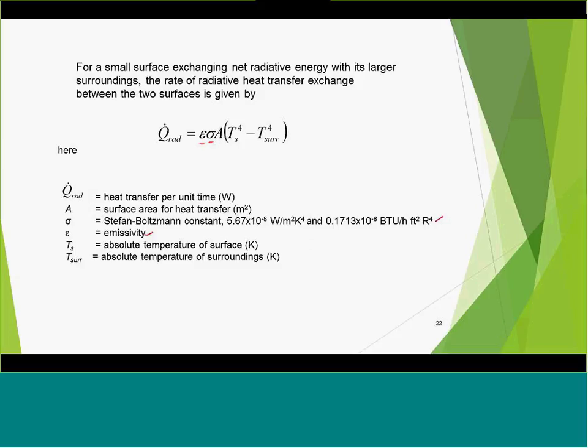This has a power of 4, which is due to the experimental work done by Stefan and Boltzmann. You're going to have the absolute temperature of that surface and also of the surroundings, which is normally the absolute temperature of the surrounding area within 1 meter.